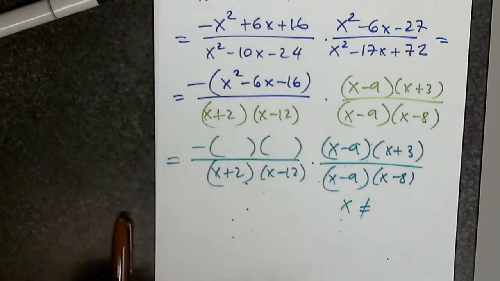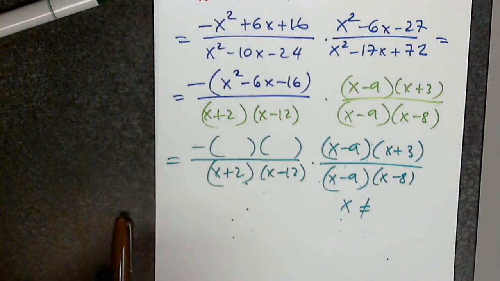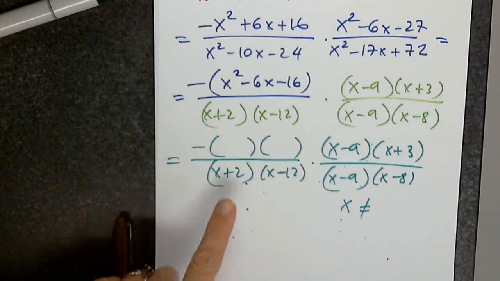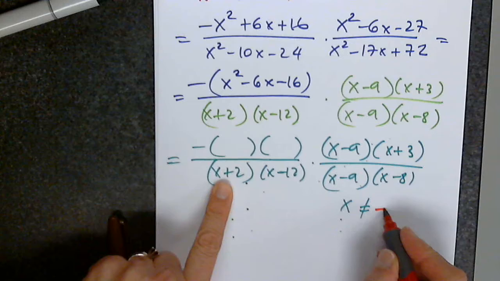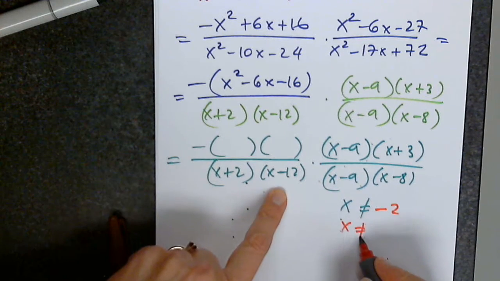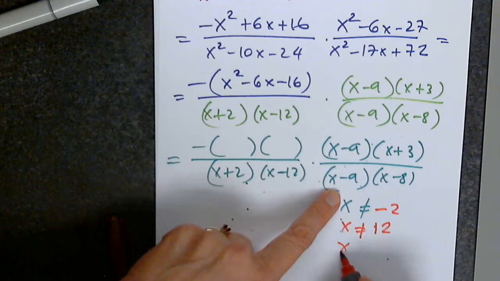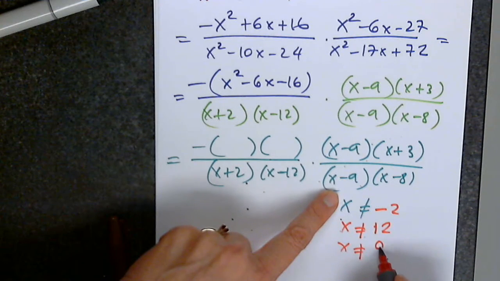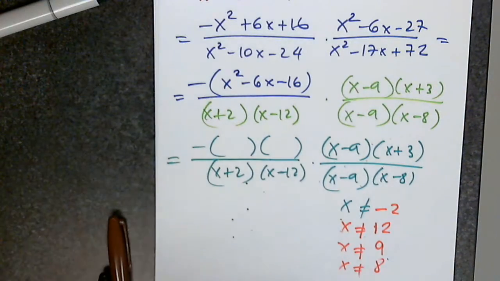And please tell me, how many restrictions will you give? 4, right. 4. From here, you will say x not equal. From here, you will say x not equal. From here, you will say x not equal. And x not equal. Yes.